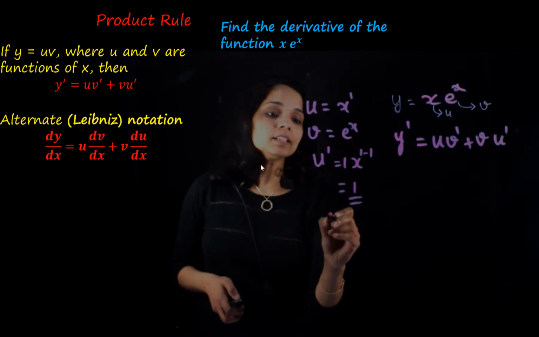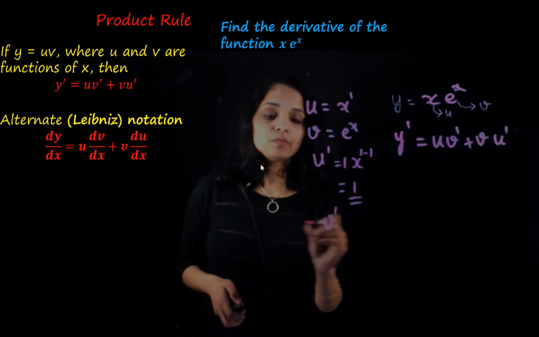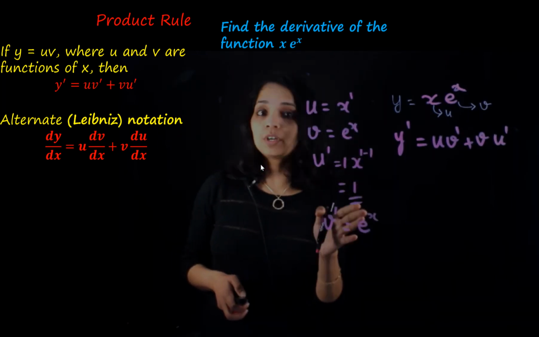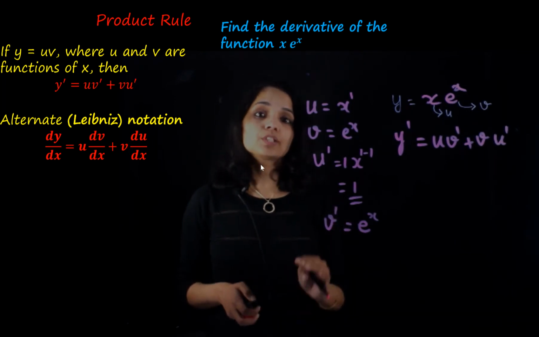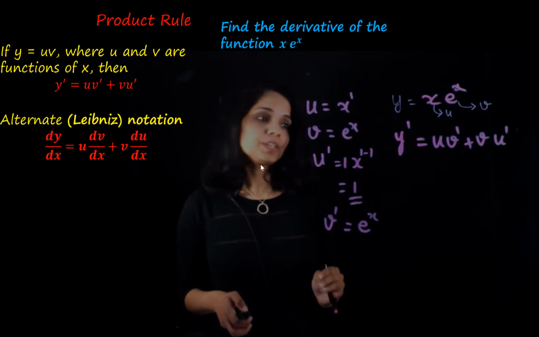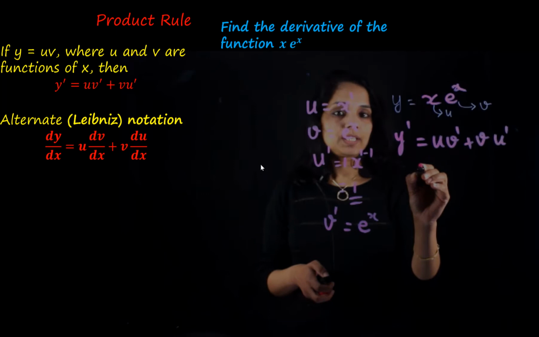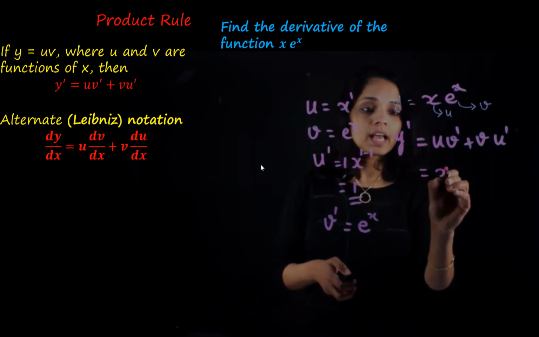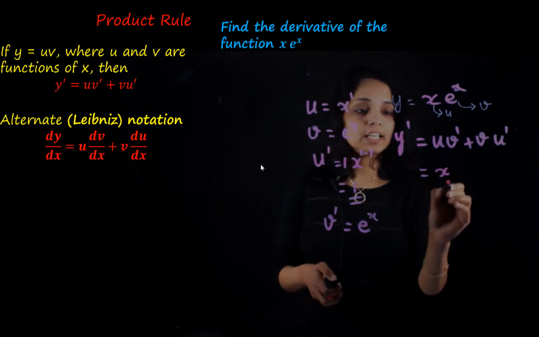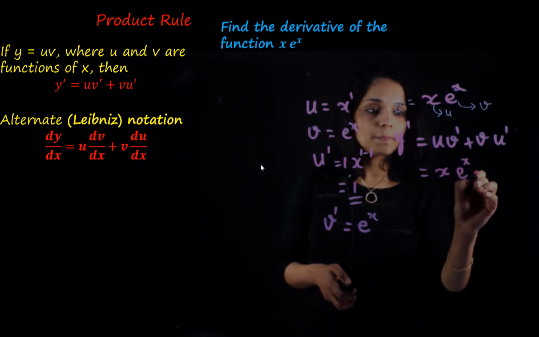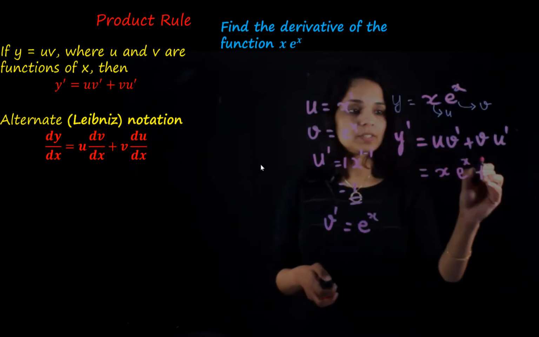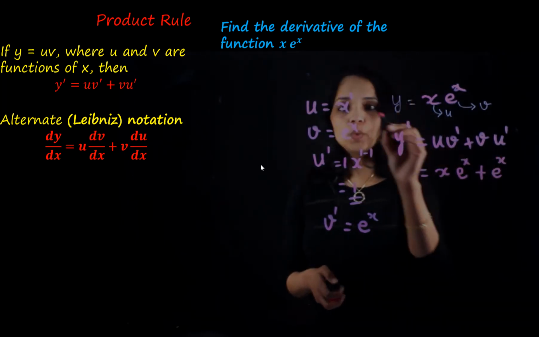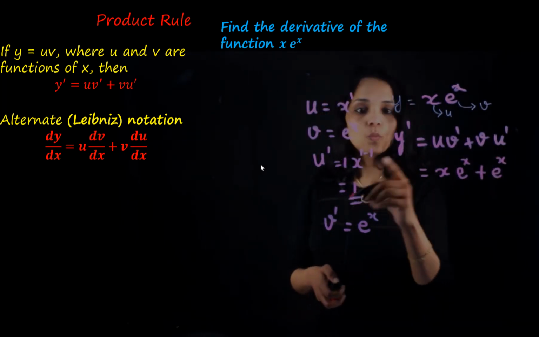And then v dash: the derivative of the exponential function is the function itself. Now we can substitute that in here. u is x and v dash equals e to the power x, plus v is e to the power x and u dash equals 1.